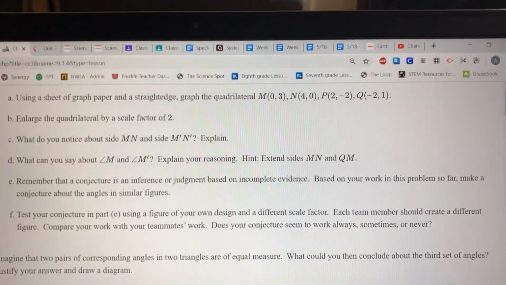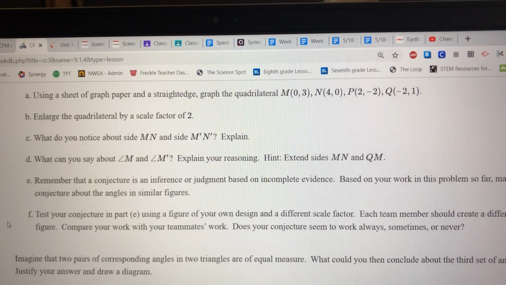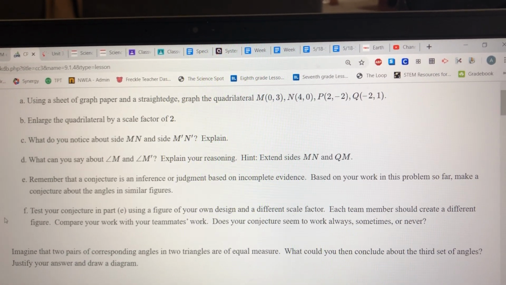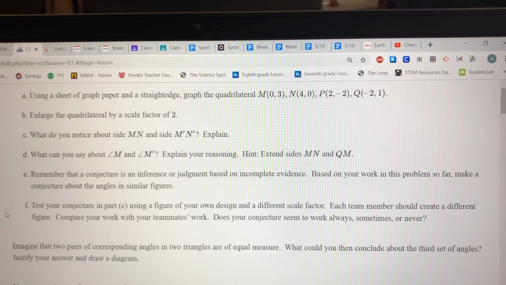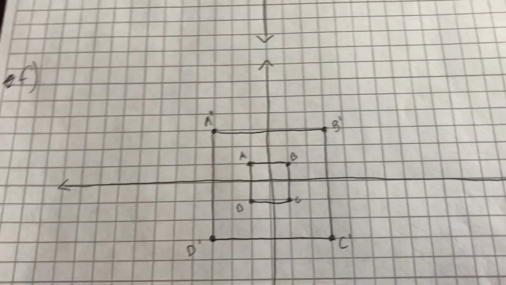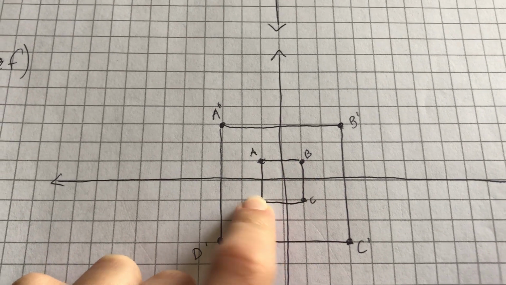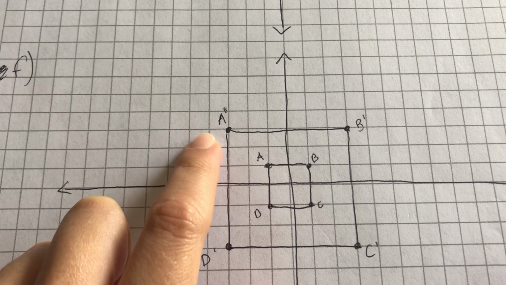So now for part F, it says to test your conjecture in part E using a figure of your own design and different scale factors. So you're going to have to draw your own. You're going to make another coordinate grid, but you're going to make your own figure, and I'll show you what I did. Here's what I did. That was my original figure, just the very simple square, and then I multiplied it by 3 this time because it says to use a different scale factor.